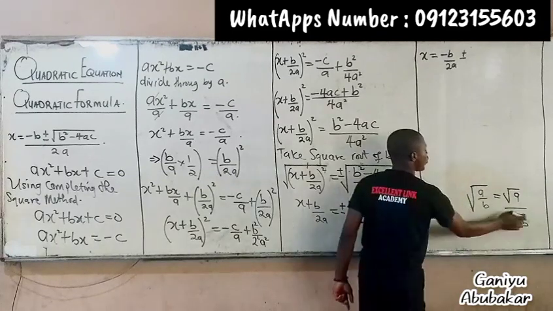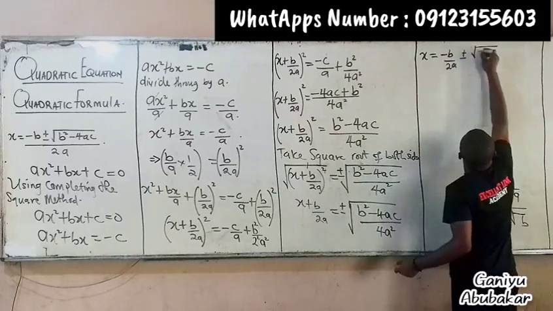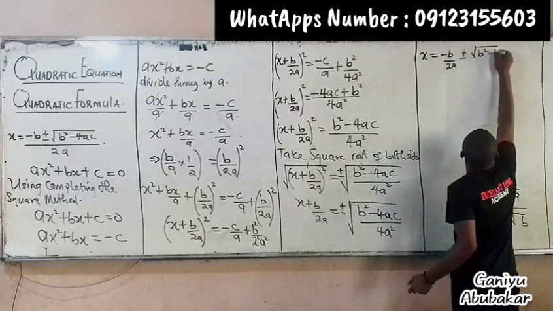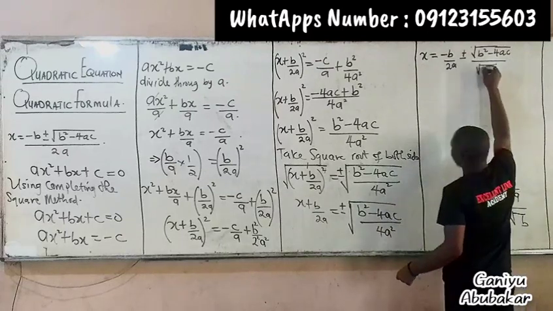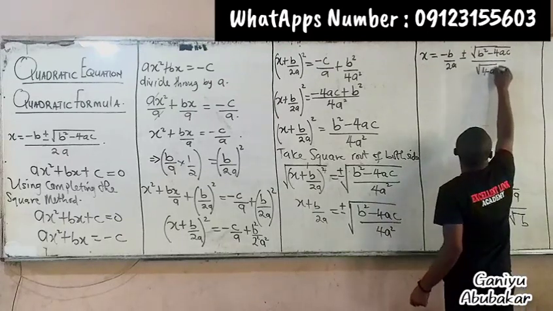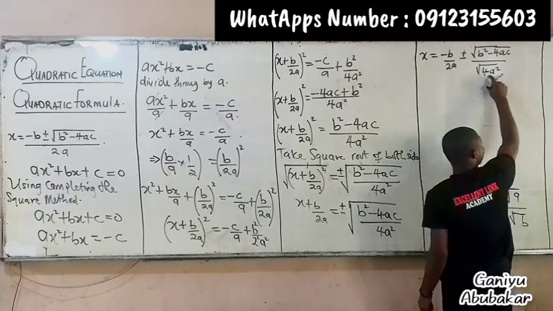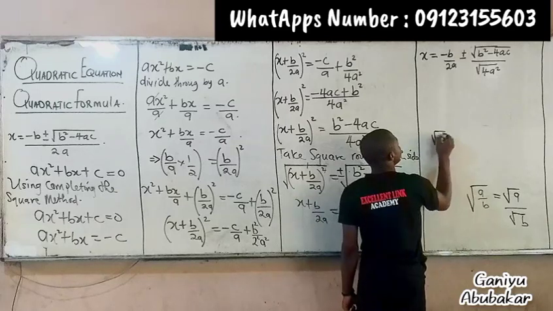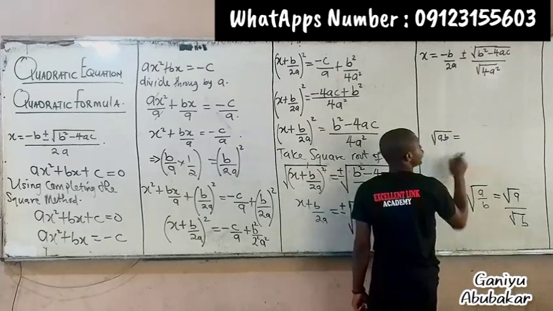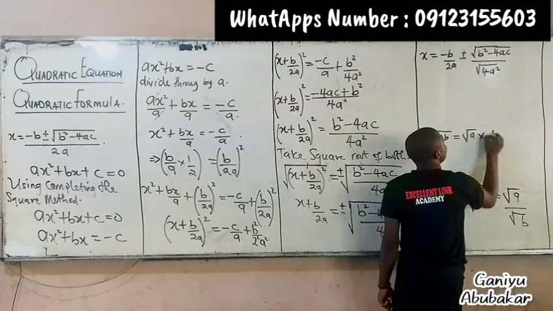Apply this concept here, I'll have root b squared minus 4ac all over root 4a squared. Of course, I can simplify it. If I have root ab, in short, it can be written as root a times root b.